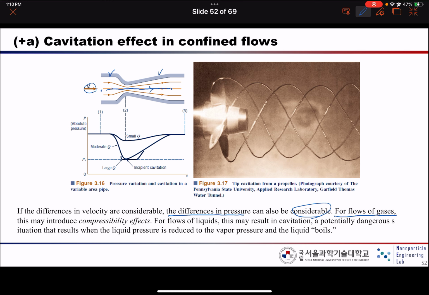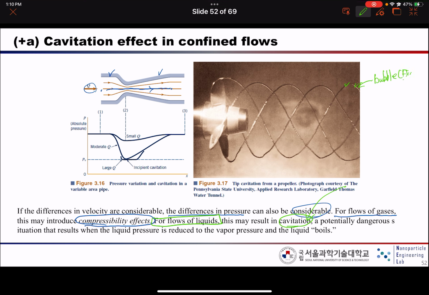For the flow of a gas, this may introduce compressibility effects, okay? But for a liquid, this may result in cavitation. So cavitation is this kind of bubble.